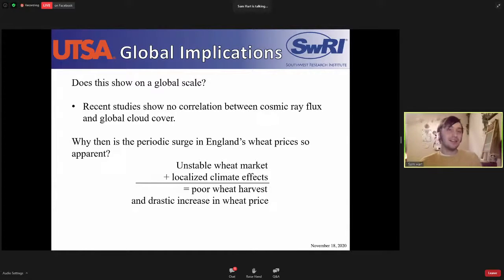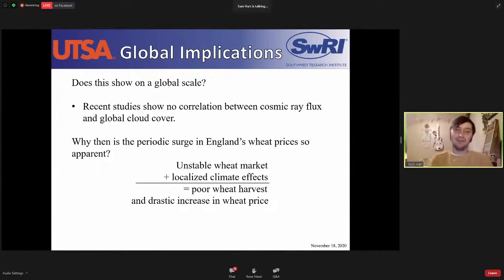They were barely making enough wheat to feed the population as is. So when you take this really small effect of increased cloud cover, you really only need one or two more heavy downpours or 12 more inches of snow to really screw over your entire wheat harvest.